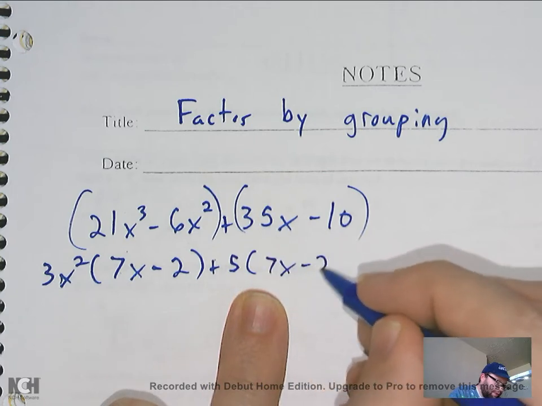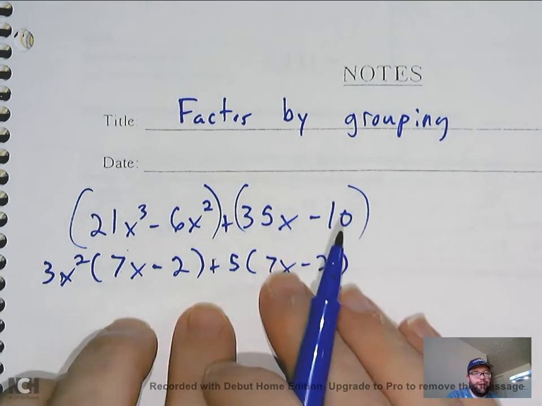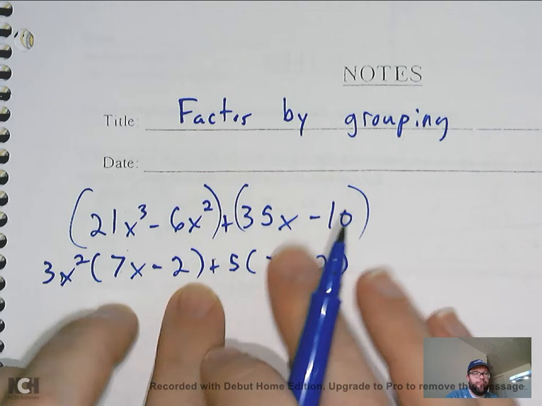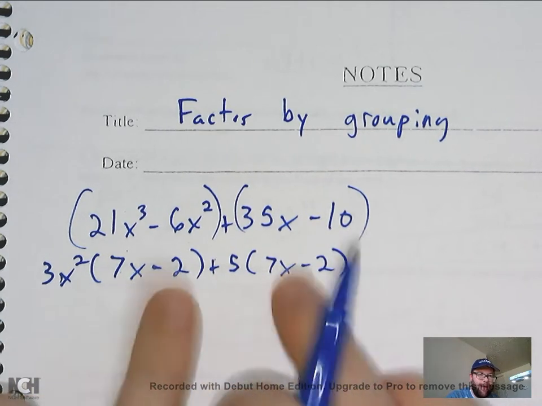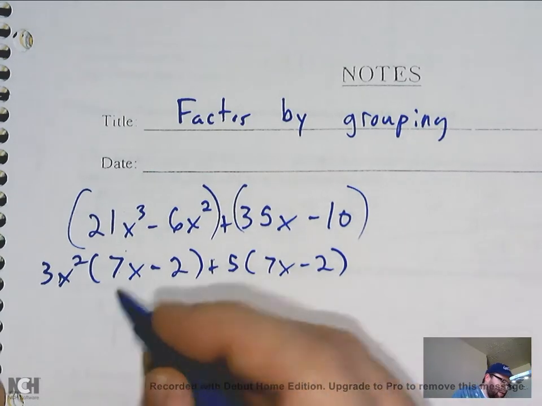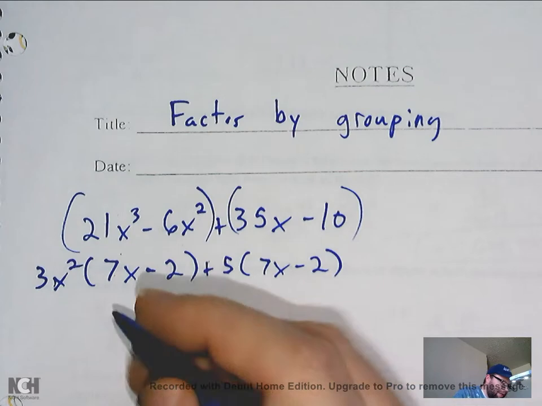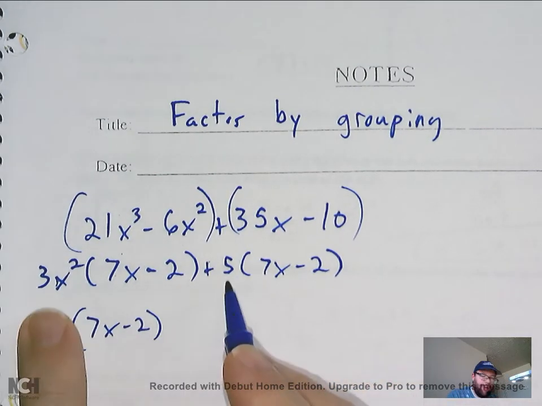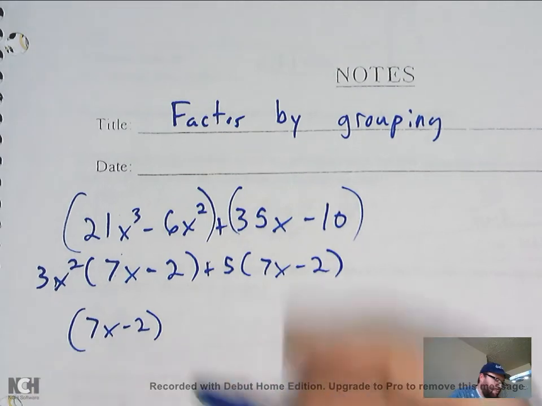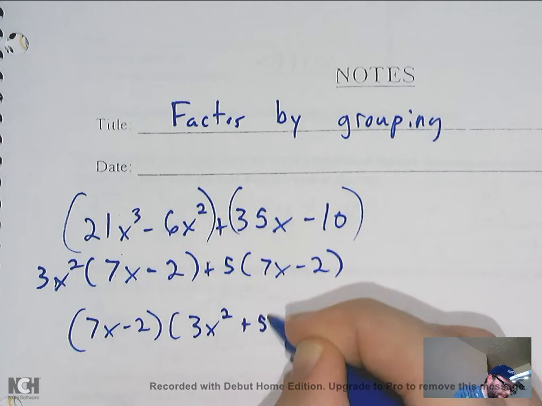Great. Then basically the idea and the reason we can set this up as a binomial is these two terms have this binomial as a common factor, right? So I can take it and factor it out in front, and I would get 7x minus 2 times what's left, 3x squared plus 5.